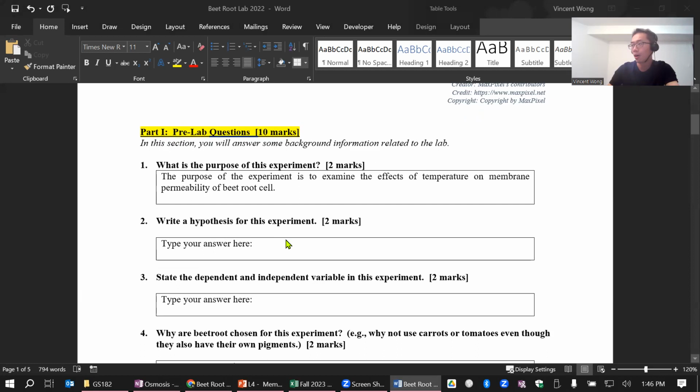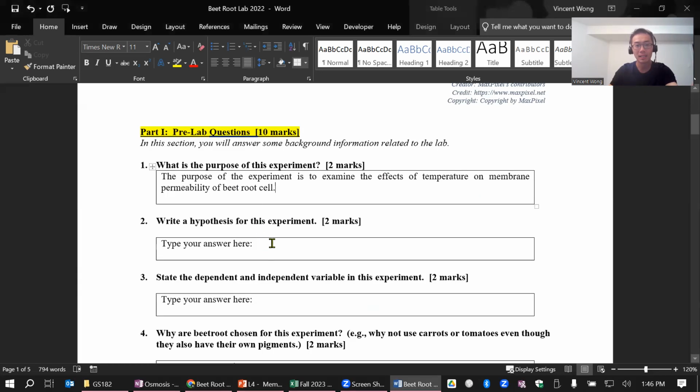Then what is the hypothesis? Remember, when you write a hypothesis, it should be a statement. It should be an answer, right? So if the purpose is to examine the effects of temperature on membrane permeability, what would be a good hypothesis?